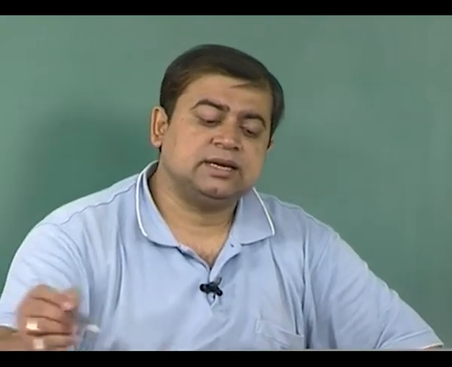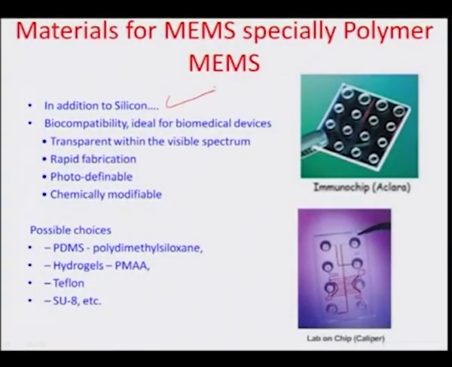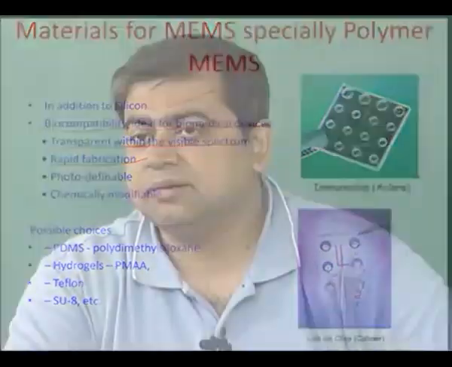So, in addition to silicon, whatever polymers you are using must have this property of biocompatibility. It should be ideal for biomedical devices. The polymer should be transparent within the visible spectrum. It should be rapidly fabricated. So, the fabrication strategy should be able to develop very rapidly.